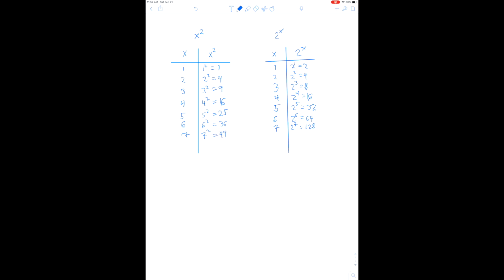And let's do one last one. 8 squared is 64, while here when we have 8, we're actually getting 2 to the 8th power, which is 256.